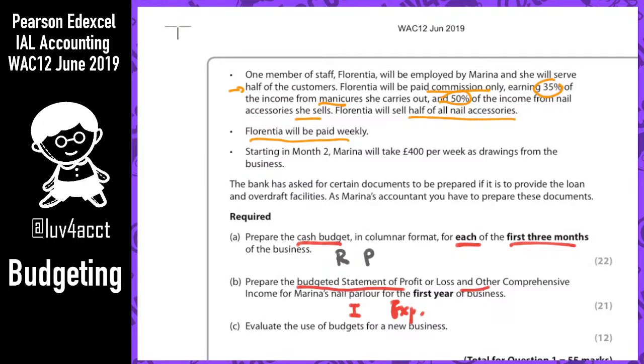Okay? And starting from month 2, Marina will take drawings of 400 per month. Okay, 400. This would be payment only. Okay, but it is not your expenses. Okay, payment only. Okay, and for commission of the staff, okay, payment as well as your expenses.